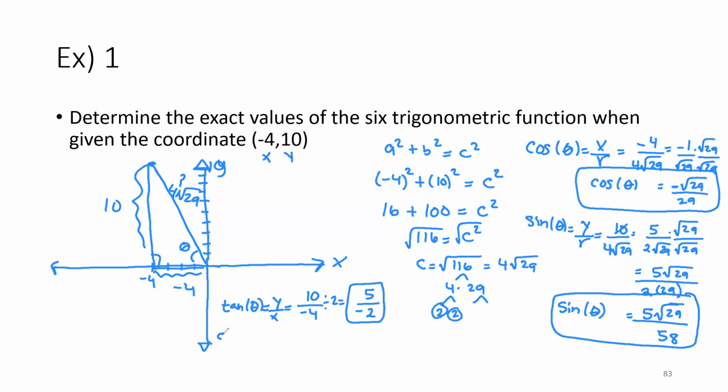So let's start with secant theta. The clue is there's a c here, so it's the reciprocal of cosine. If cosine was originally -1 over radical 29, you just flip it, so it's negative square root of 29 over 1.